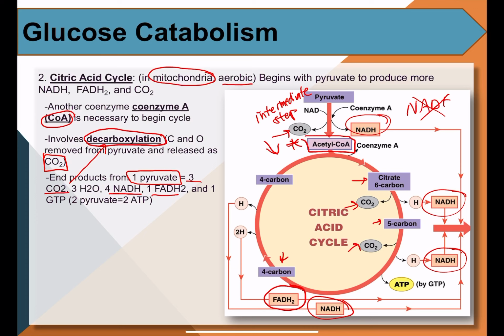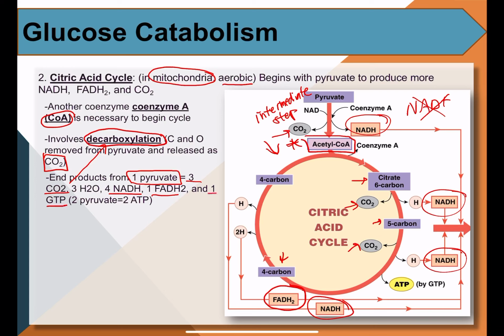This is a special one, a different type of electron carrier that only picks up electrons at the citric acid cycle. It doesn't pick up electrons from anywhere else. And in the end, you also have production of 1 ATP or GTP molecule.